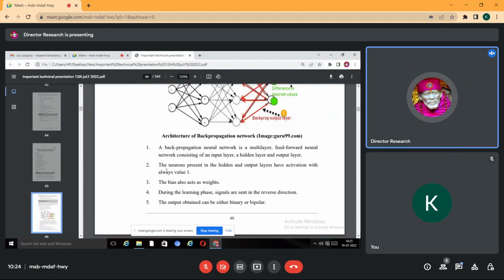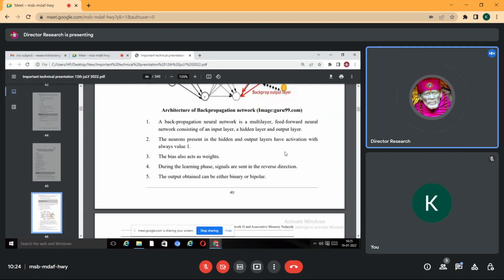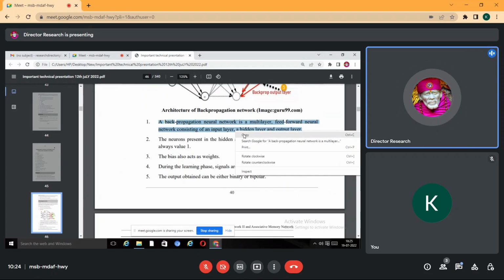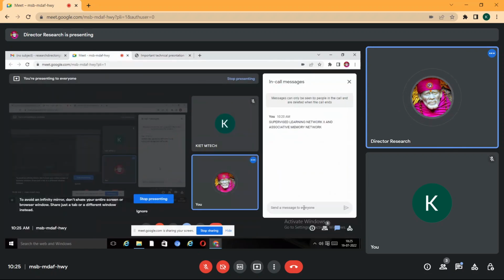The first one is the backpropagation network.